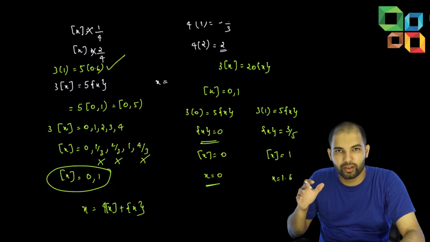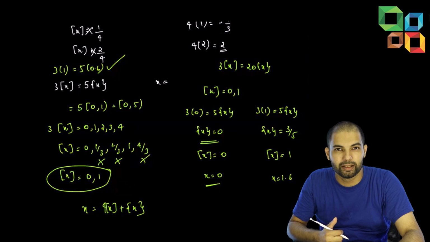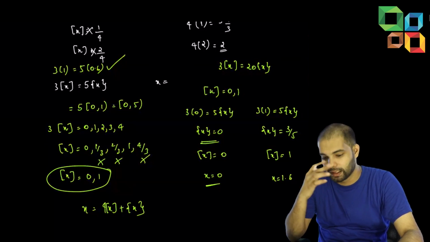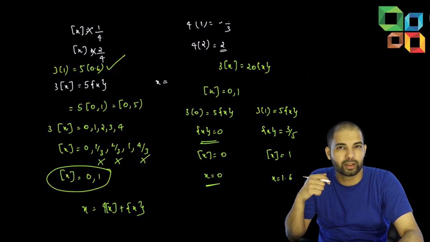Because till now what we had seen is integer part equal to some multiple of the fractional part, right? But now in this case, can you see that I have x equal to 4 times integer part plus fractional part? What can I do? No idea.